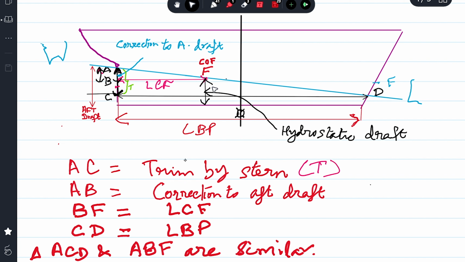See, I have drawn this red line cutting here at B. So from B to the keel is the draft at center of flotation, which is hydrostatic draft. So if the ship is trimmed by stern, then from aft draft, subtract correction AB and you will get the hydrostatic draft.